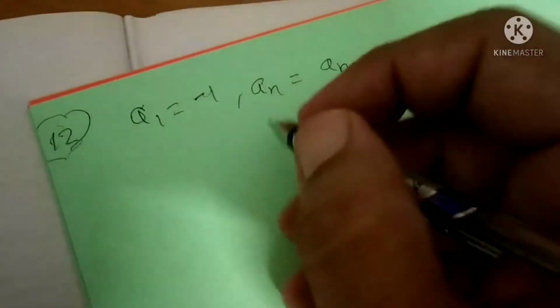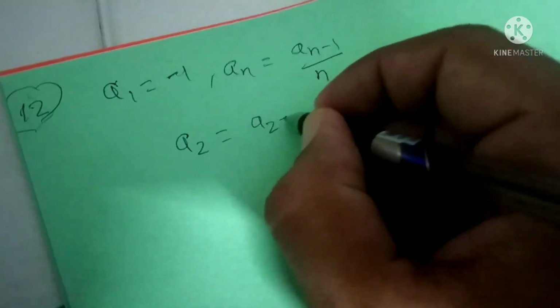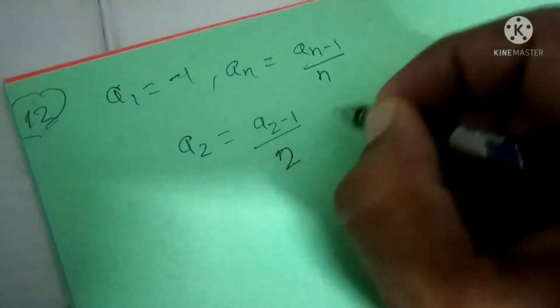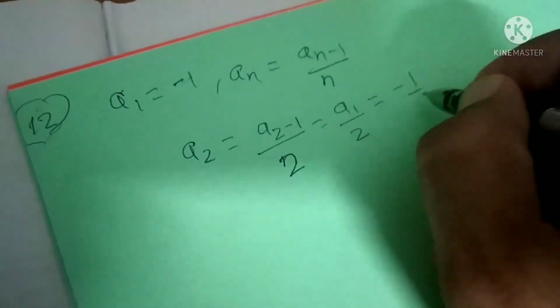So a1 is given. So we have to find out a2 is equal to a_(2 minus 1) divided by 2, equal to a1 divided by 2. So this is minus 1 divided by 2.